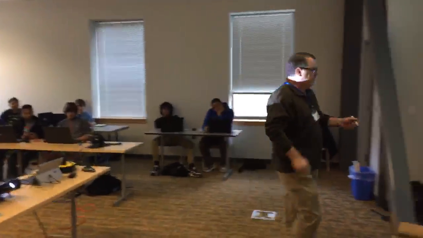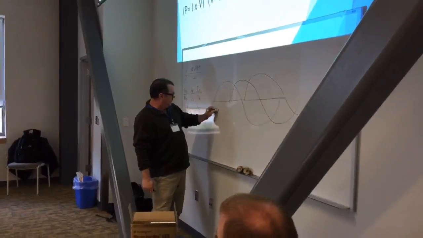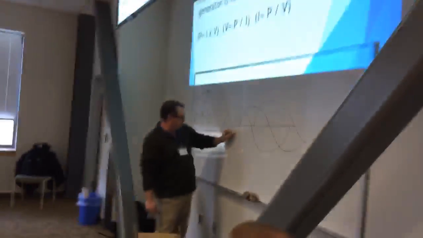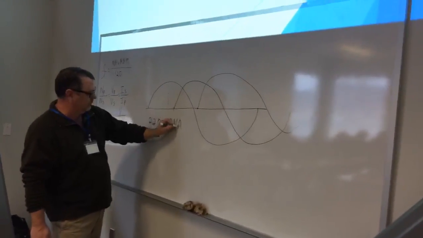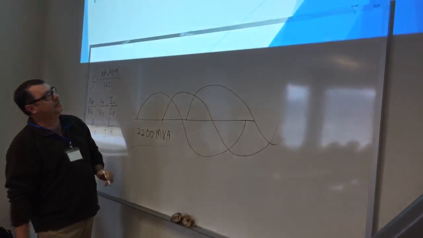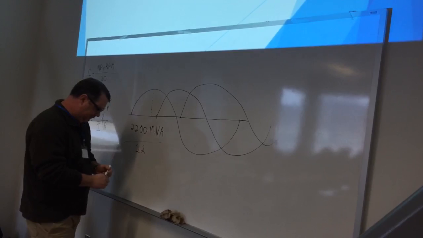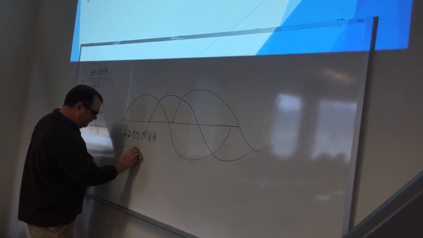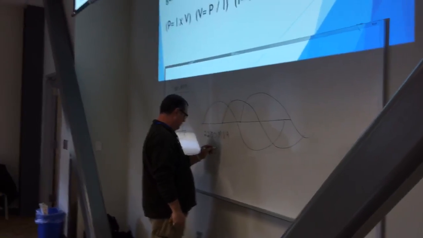So we do 22 MVA divided by 23 kV, right? Keep in mind your units. MVA are mega, which means times 10 to the 6, million volt-amps, and a volt times an amp is a watt.